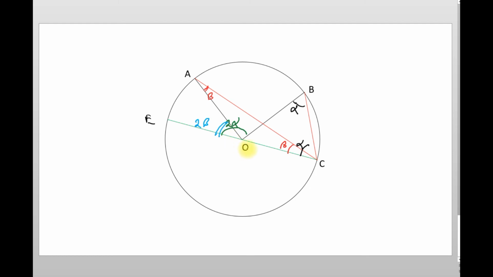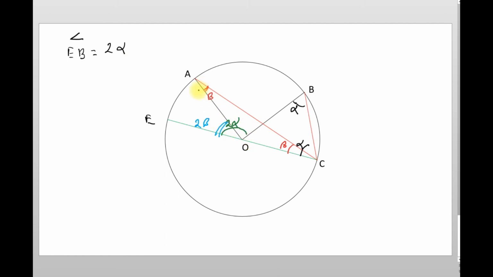Therefore, AOC is an isosceles triangle, and these two angles will be the same, which are marked in red, which are beta. Now, in triangle OBC, the angle EOB is an external angle. So the angle EOB will be equal to the sum of the other two angles, which is 2 alpha.